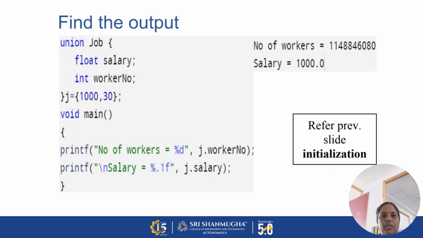For example, j equal to 1000, so j.salary will be 1000, and worker number 30. If we try to print j.worker number, it gives a garbage value, whereas if we print the salary, the value we get is 1000. In union the initialization is possible only for the first element, whereas in structure each and every element can be initialized and accessed separately.